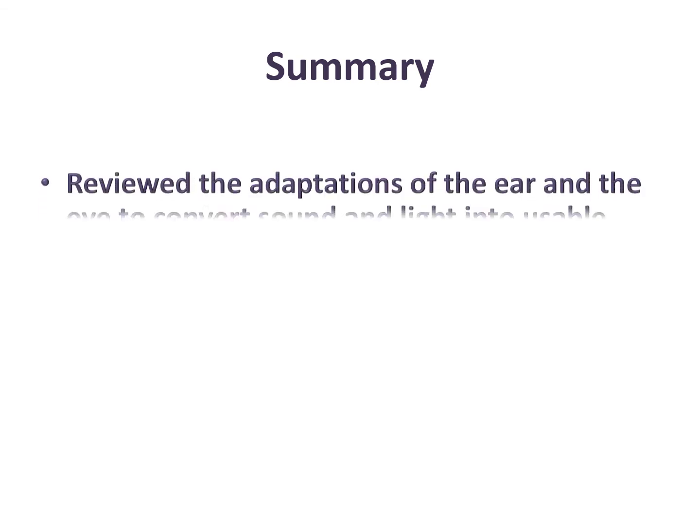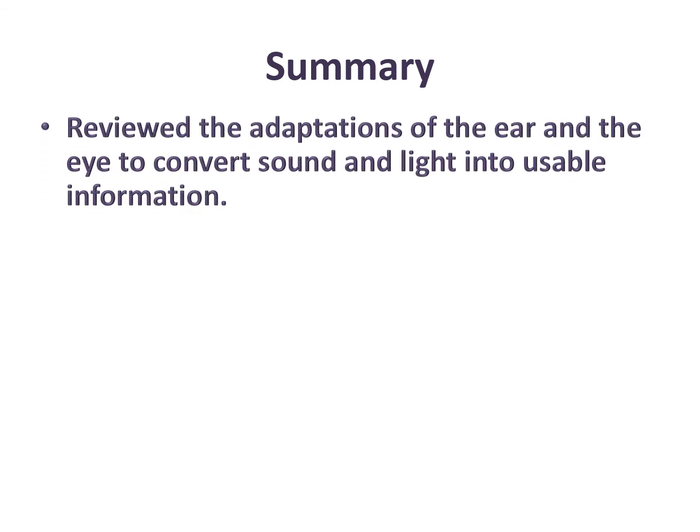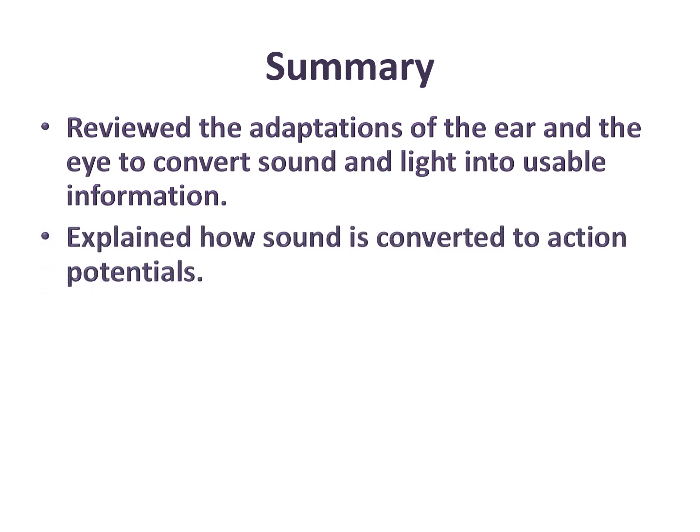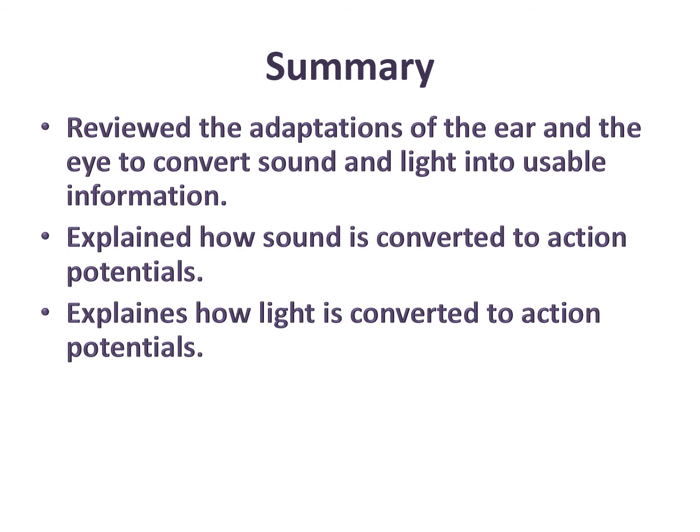To recap what we covered today, we basically covered the adaptations and components of both the ears and the eye to convert sound and light into a common language that the central nervous system can use to interpret these signals. In specific, we covered the transformation of sound to an action potential and the conversion of light into an action potential.